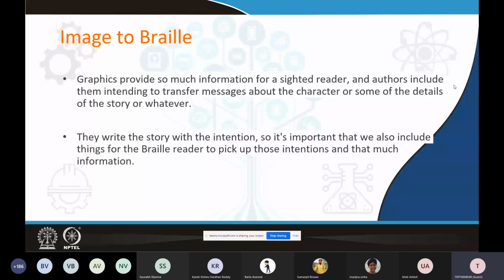Now the point is that textual representation with respect to Braille is possible, but the question is, can we have some kind of representation for images? So how can a person understand an image?